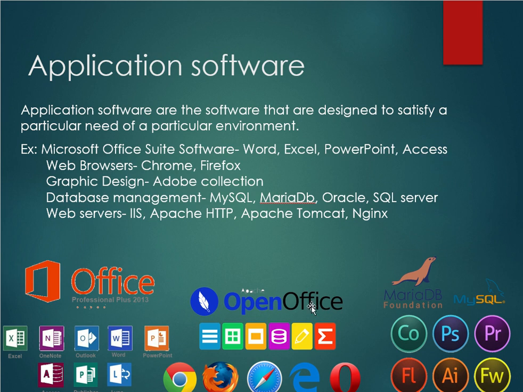And we have OpenOffice. They have software similar to Word, another similar to Excel, like that. Also they are compatible with the files created by these applications. That means they also can be opened and modified in these applications.